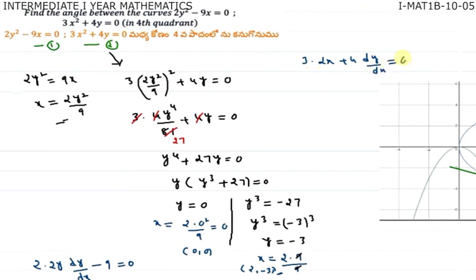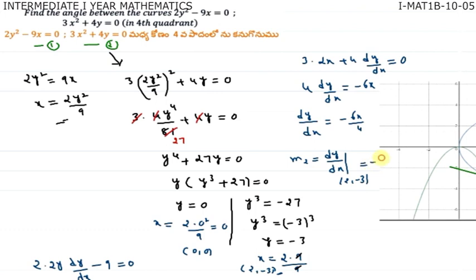It is equal to 0. 4 into dy by dx is equal to minus 6x. Dy by dx is equal to minus 6x by 4.